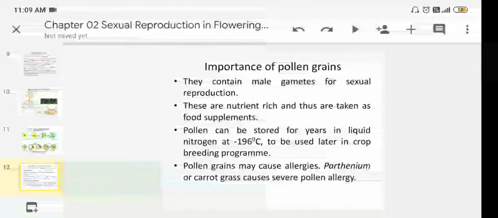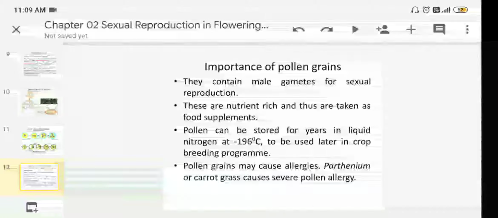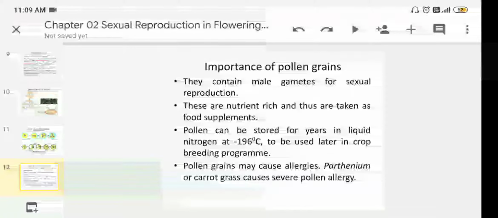Now we come to the importance of pollen grains. They contain male gametes for sexual reproduction. These are nutrient rich and thus are taken as food supplements. Pollen can be stored for years in liquid nitrogen at -196 degrees Celsius to be used later in crop breeding programs. Pollen grains may cause allergies.